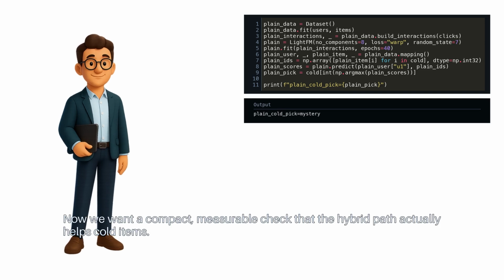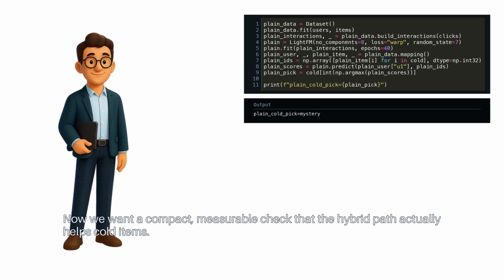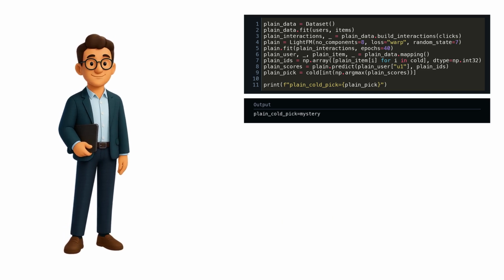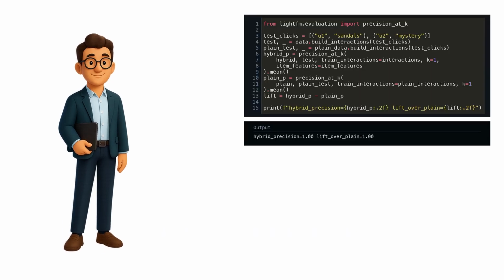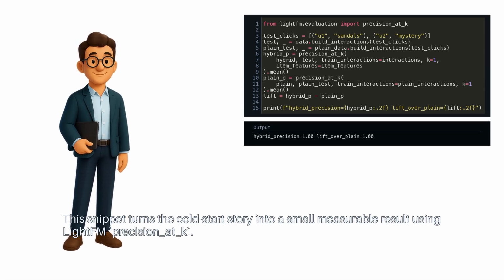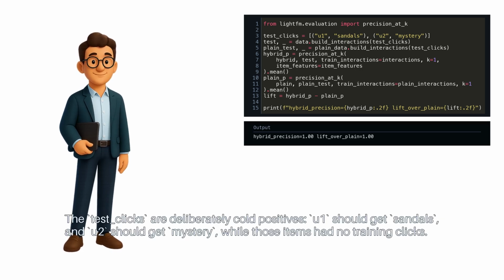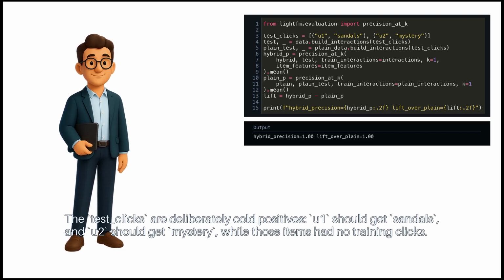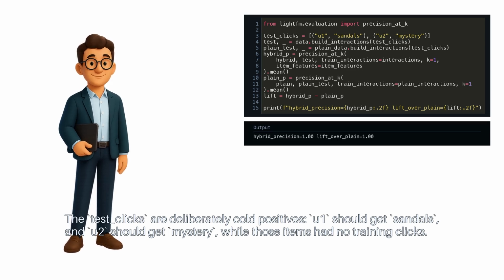Now we want a compact, measurable check that the hybrid path actually helps cold items. The final snippet creates that evaluation. This snippet turns the cold start story into a small measurable result using LightFM precision at K. The test clicks are deliberately cold positives. U1 should get sandals, and U2 should get mystery, while those items had no training clicks.